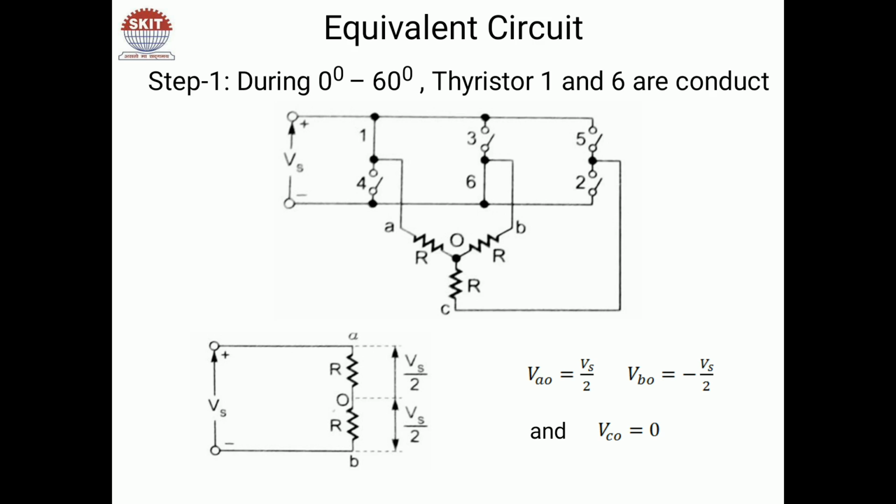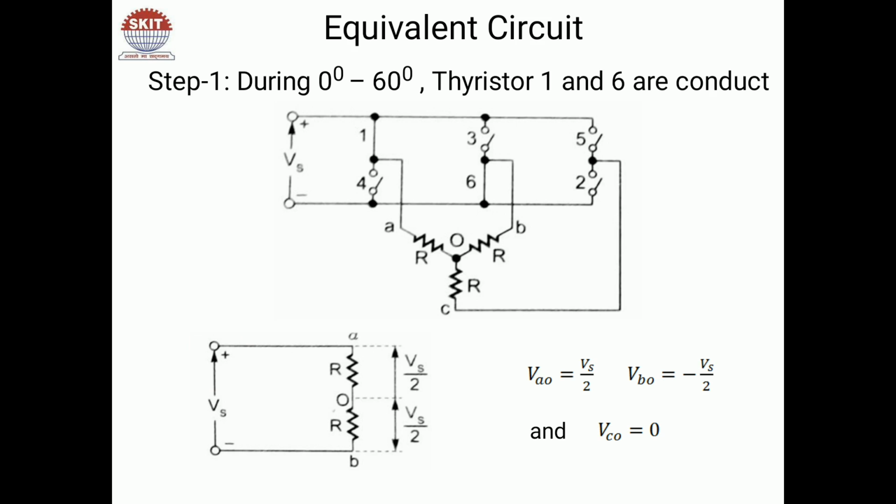Now we can draw the equivalent circuit diagram for the first step. So this is the equivalent circuit diagram for the first step. In this equivalent circuit diagram, you can see point A is connected to the positive terminal of the supply through SCR1, because from leg 1, SCR1 is in conduction mode.